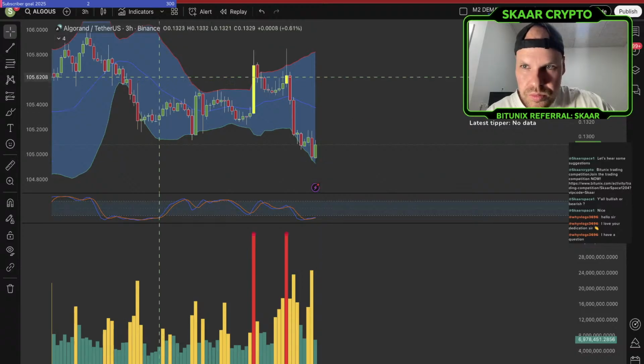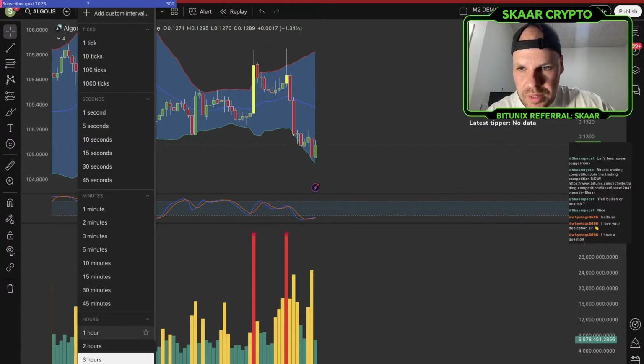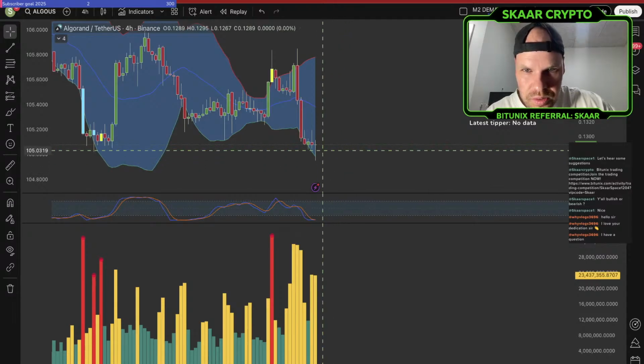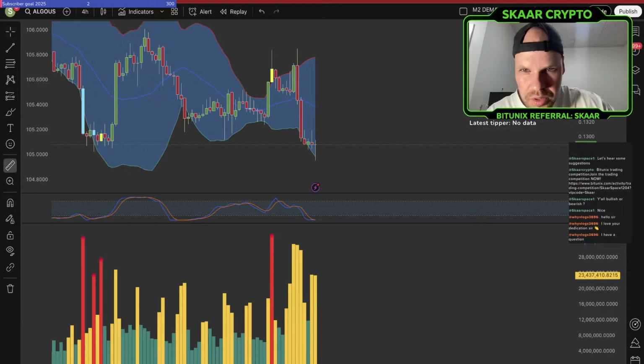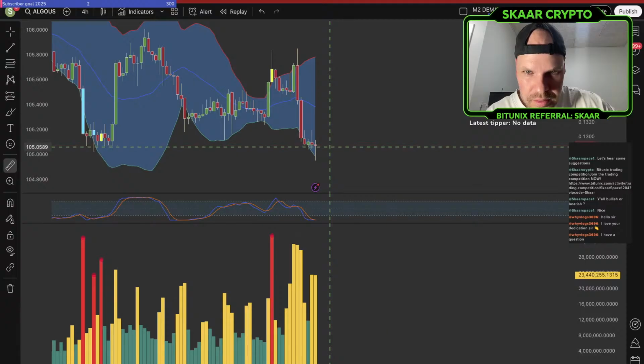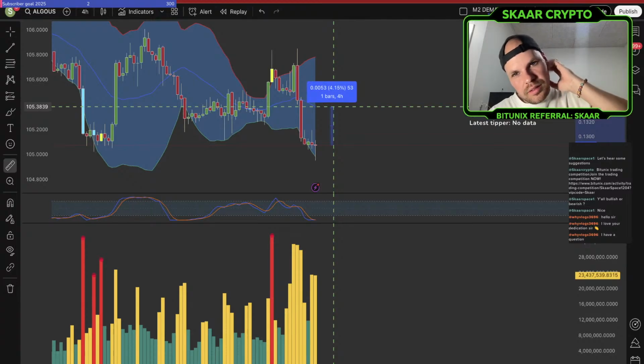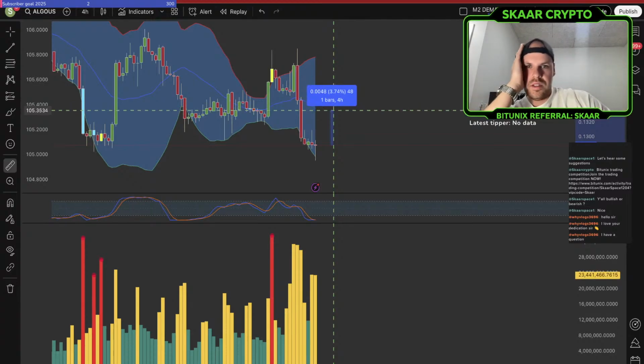So would I dare take an entry on Algorand right now? Certainly an interesting point, because if we can just range from here, and we don't even have to go to the halfway point, that's a sick trade.